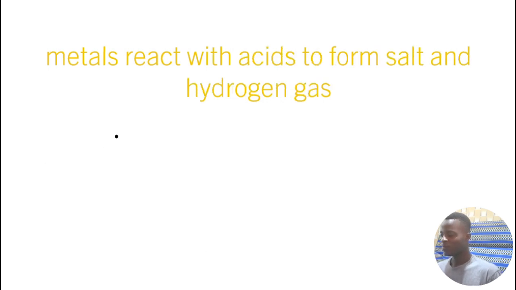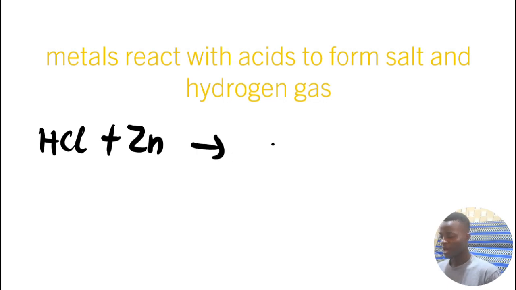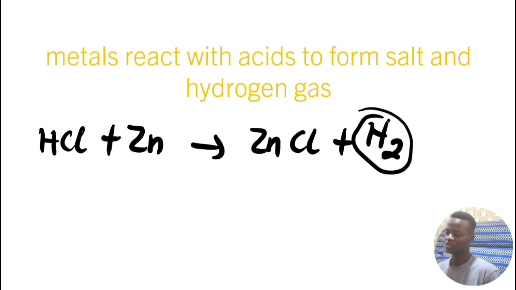Another example that you need to know: metals react with acids to form salt and hydrogen gas. So let's say we have HCl, and then we have a metal, zinc. A metal reacting with an acid is going to form a salt, ZnCl2, and this is how you get hydrogen gas produced. If you want to produce hydrogen gas, this is one simple way. HCl is an acid.